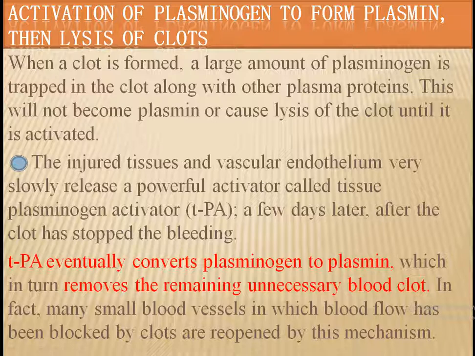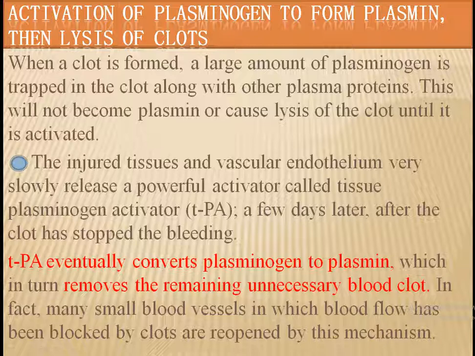So, plasminogen is kept inside the clot unless and until the TPA converts it to plasmin, and after some days when the bleeding stops, this conversion takes place, and in turn it removes the remaining unnecessary blood clot.